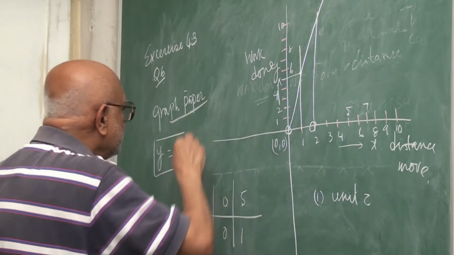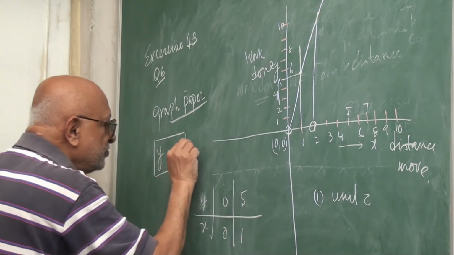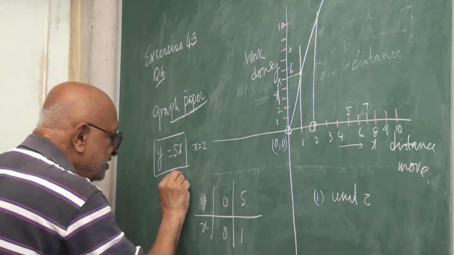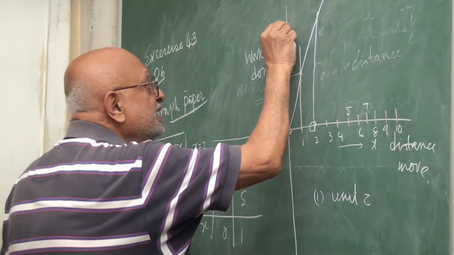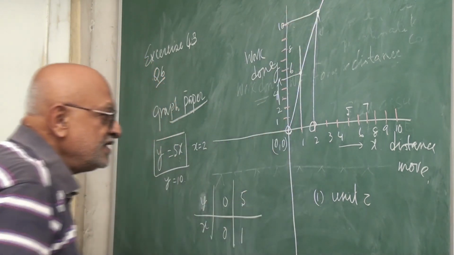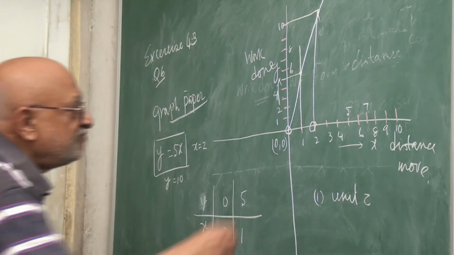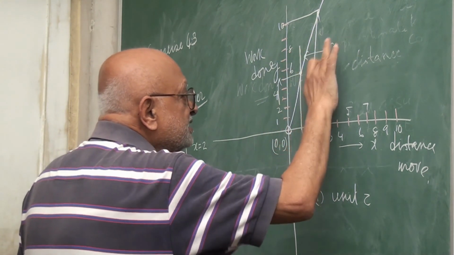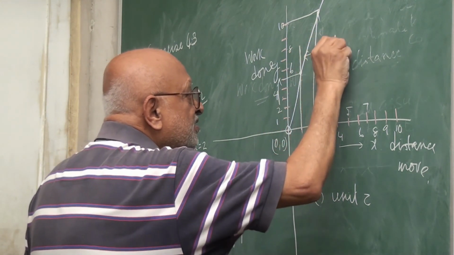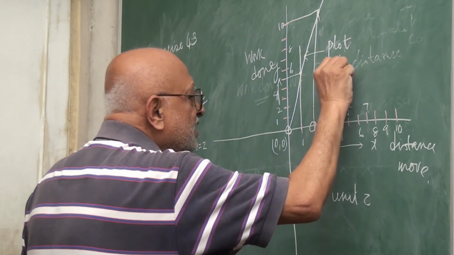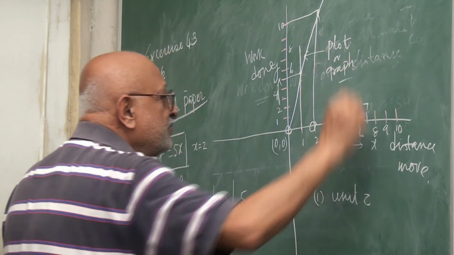And here also, if I put x equal to 2, then y equal to 10. So it should come here and meet at 10. Okay. So this is the graph. This is the plot, PLOT, or this is also called the graph, done on a graph paper.